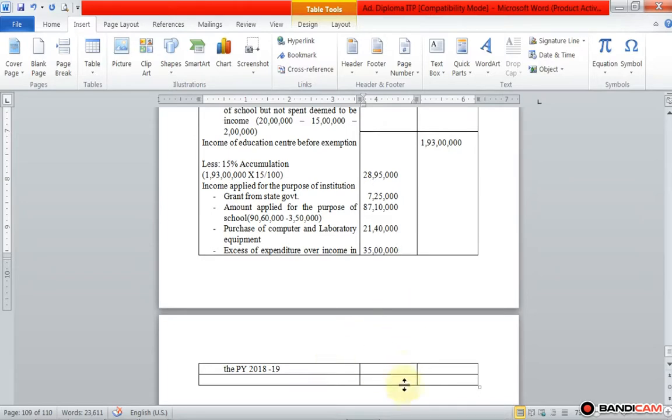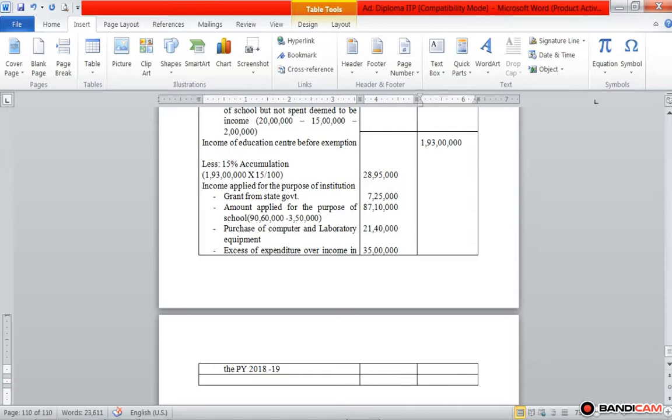So here the total is equal to 28 lakh 95,000 plus 7 lakh 25,000 plus 87 lakh 10,000 plus 21 lakh 40,000, then 35 lakh.